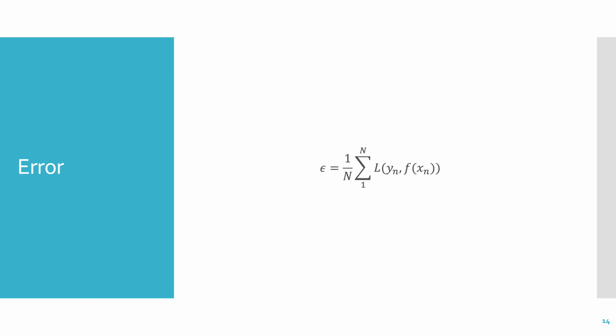Since our classifier takes an input sample x_n and produces a prediction y hat_n, we can think of our classifier/model as a function f of x_n equals y hat_n. Then we would have our error defined as this, where the y hat has been replaced by this f of x_n. This is just an average loss for the whole set, so we sum up the loss for every sample and divide by the number of samples.